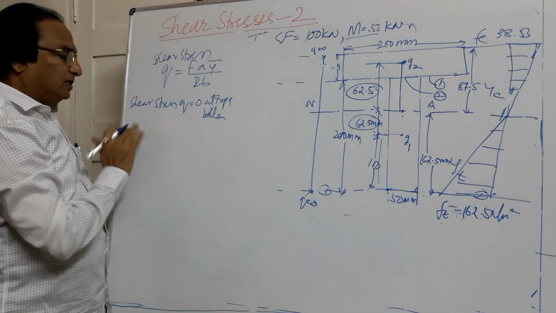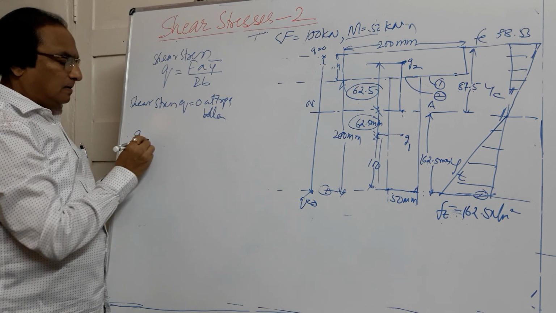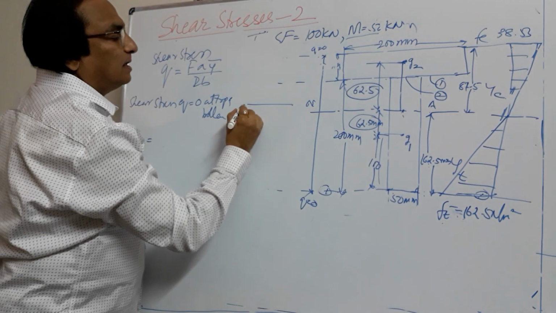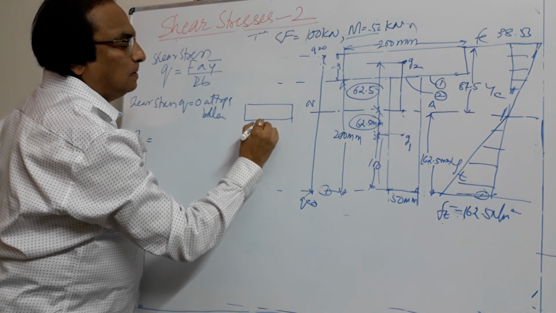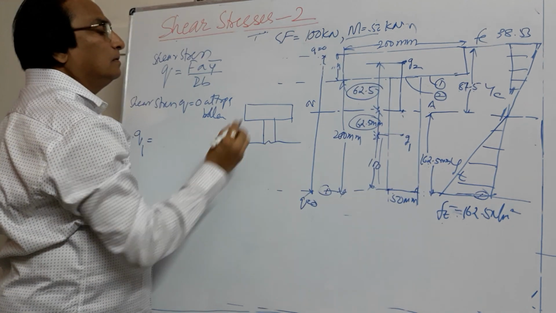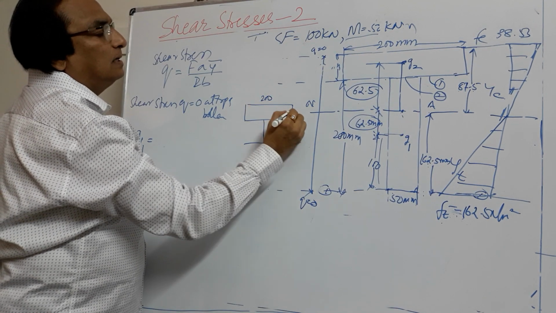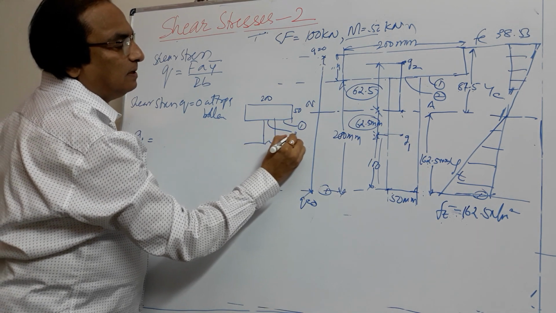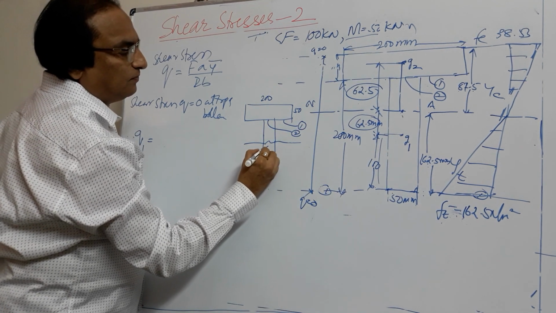Next we will come to the shear stress at level 1. If I take out that part, this is 200, this is 50, this is level 1 and this is level 2, and this width is 50.